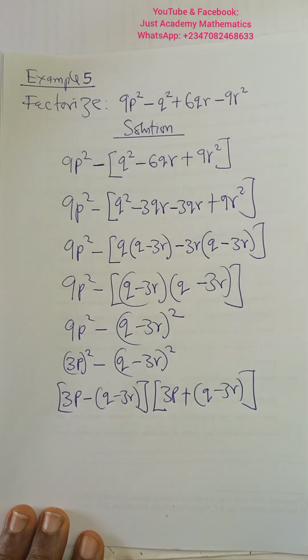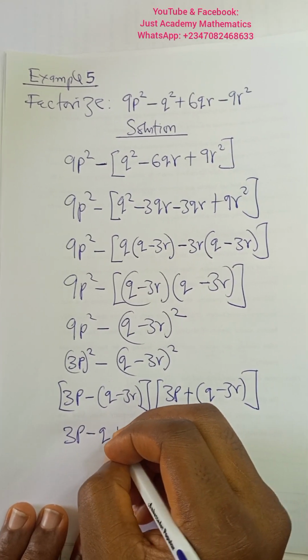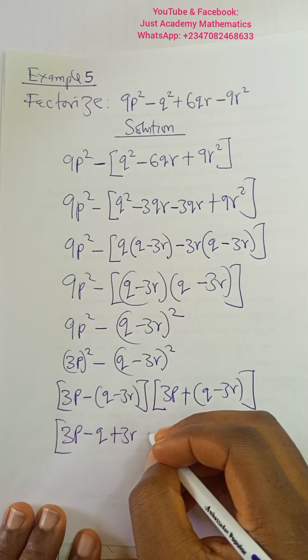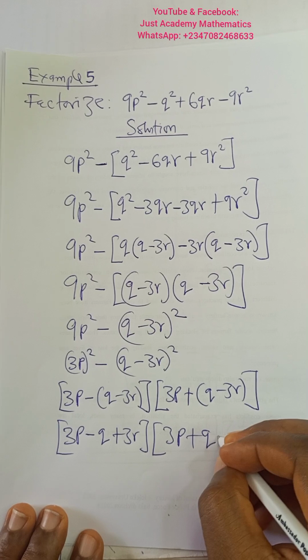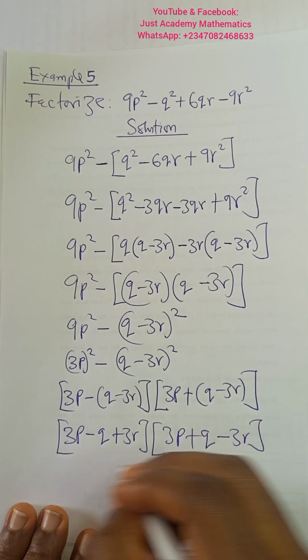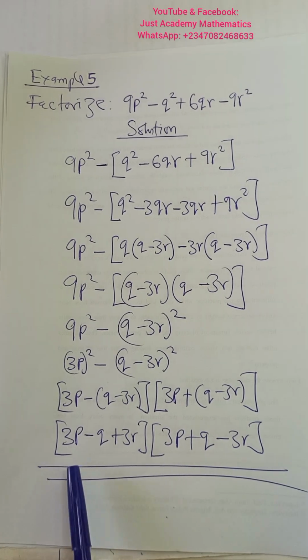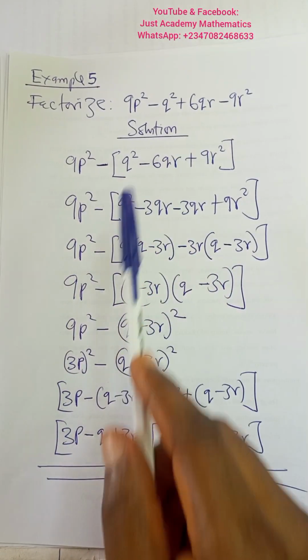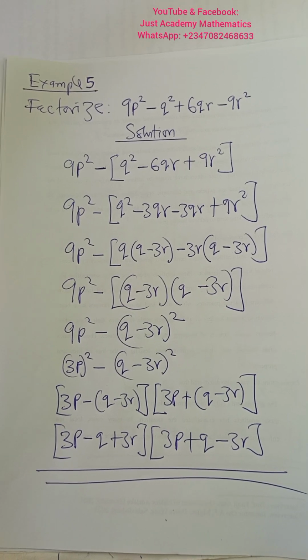You open the bracket and you get your answer. So we have 3p minus q plus 3r and 3p plus q minus 3r. This is the answer you get. So the expansion of this is what gives you this. The expansion of that gives you that one.